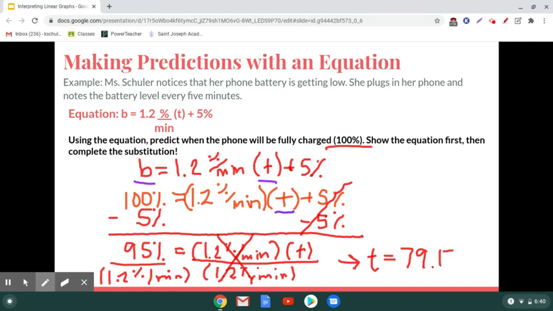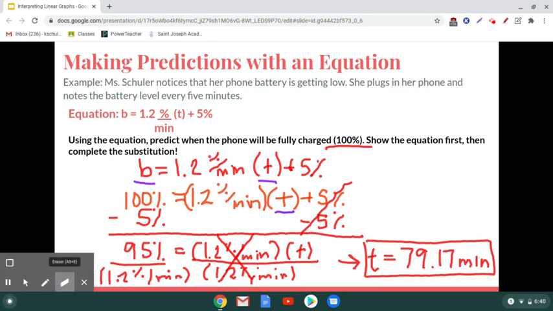If you look at units here, percent and percent would cancel, and I have 1 over minutes, so that's just minutes. And that makes sense. Time we have been measuring in minutes. So if I wanted my phone to be fully charged, time is equal to 79.17 minutes, which is roughly an hour and 19 minutes.